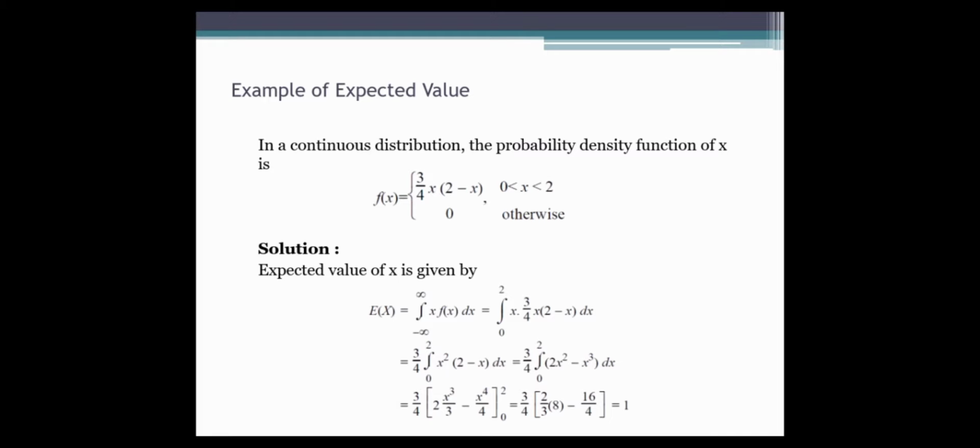So the integral from 0 to 2 is equal to 3 over 4, and inside the bracket is 2 over 3 times 8 minus 16 over 4. So when you total it, it is equal to 1. So that is what we get as the expected value.